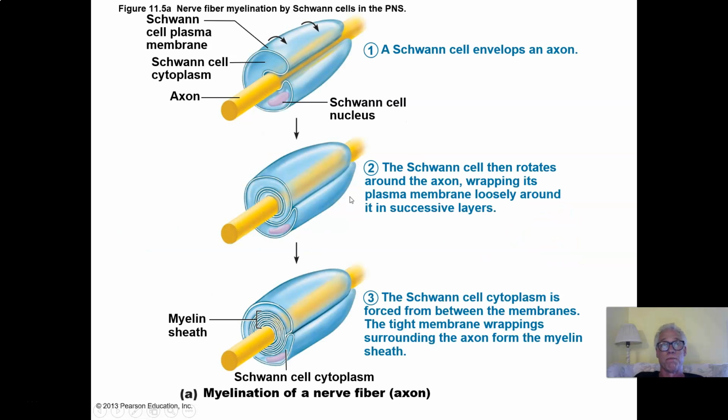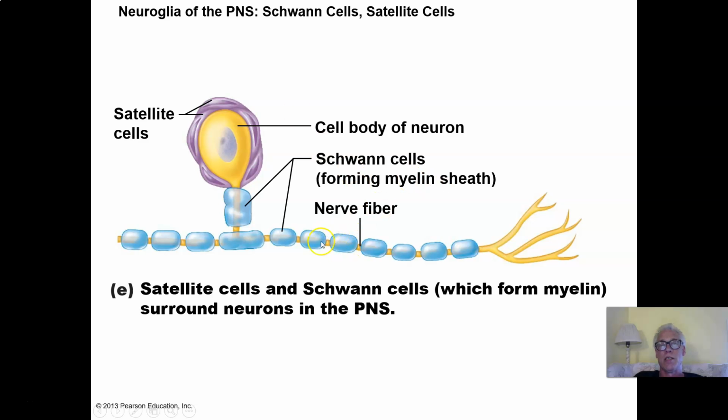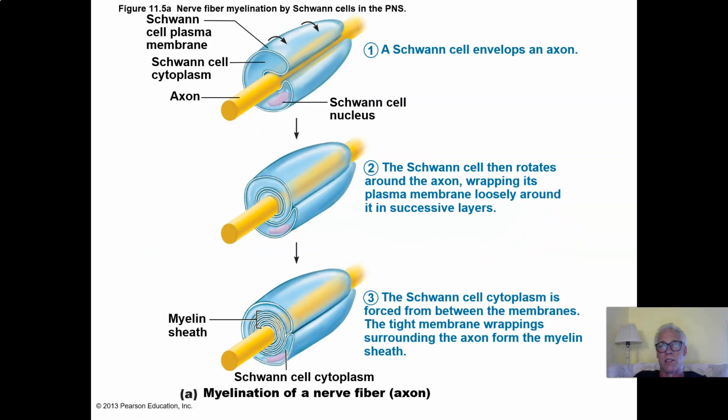for satellite cells. So here's a little cartoon illustrating a Schwann cell and how it myelinates its own little segment of the axon. Remember, each Schwann cell myelinates one little part of an axon, not like oligodendrocytes that reach out to a bunch of different axons.